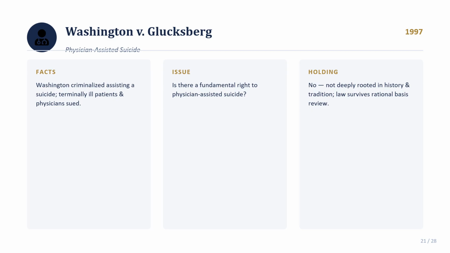Okay. So here's something for you to take away. Glucksberg represents one identifiable strand of substantive due process methodology. It is a cautious, historically anchored approach that's reluctant to recognize new fundamental rights that are not clearly grounded in long-standing tradition.